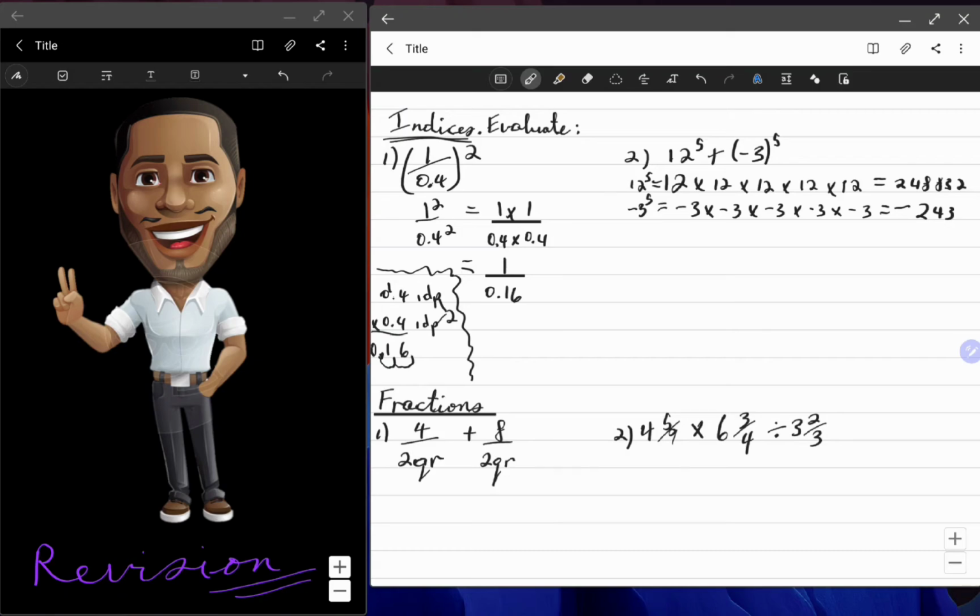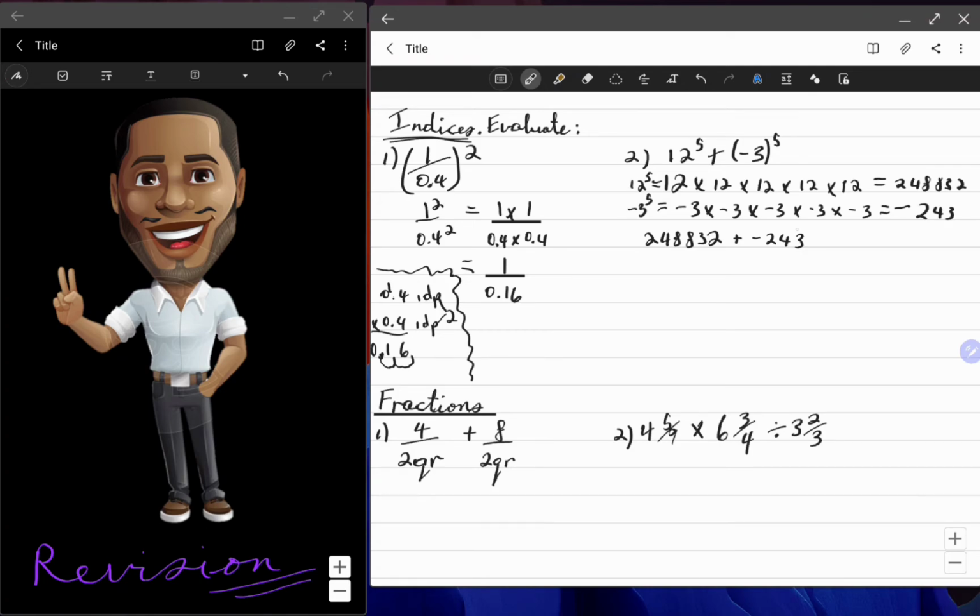So 12 to the 5th power would then be replaced with its exact value, 248,832, and then we have our plus sign, and then our negative 3 to the 5th power replaced with our negative 243.